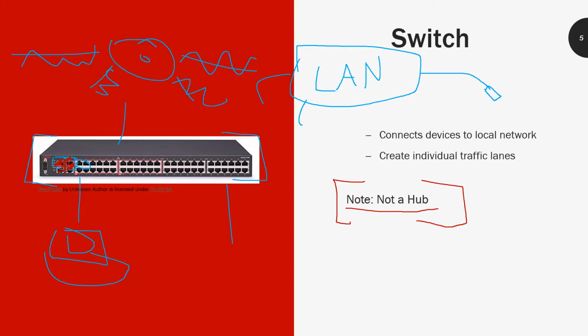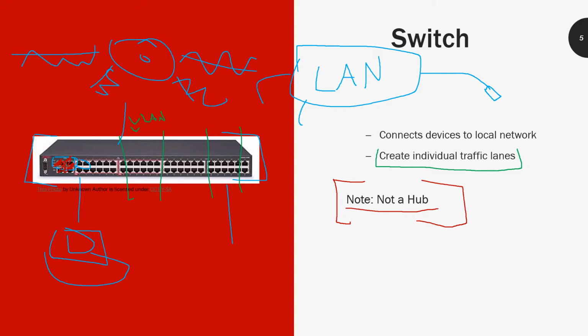So it creates individual traffic lanes. That's something I didn't really discuss, and it's a little bit more complicated, but modern switches are able to segment this. You can segment into different LANs, and they're called virtual LANs, or VLAN. Whenever you have your LAN right here, you can actually broadcast.